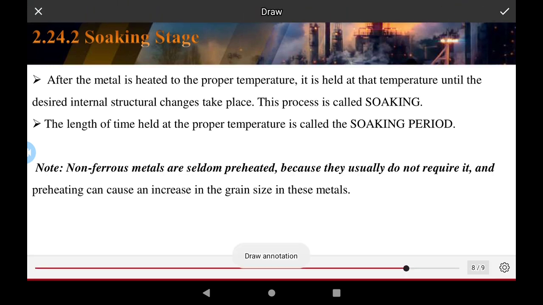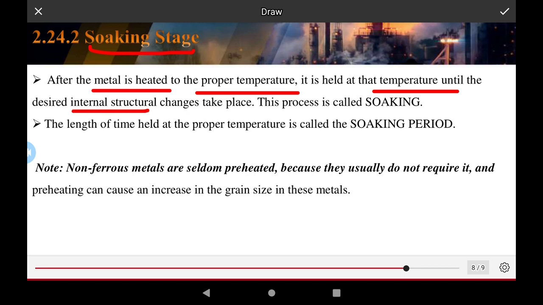The next stage in the heat treatment process is the soaking stage. After the metal is heated to the proper temperature, it is held at that temperature until the desired internal structure changes take place. This process is called soaking, and the length of time held at the proper temperature is called the soaking period.